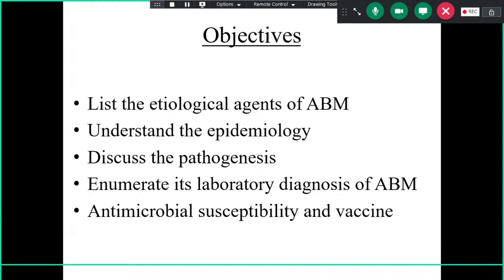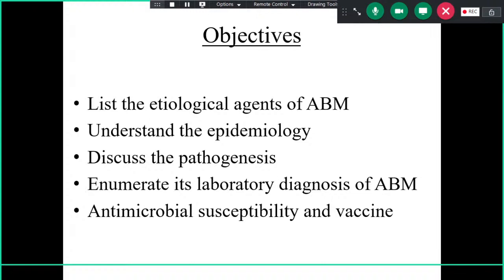Then we will discuss the pathogenesis. We will touch upon a little bit about the physiology of the blood-brain barrier, because you have to understand that this disease process compromises the blood-brain barrier or neurovascular unit, and then it can cause havoc inside the brain. Then of course the topic will also include laboratory diagnosis of acute bacterial meningitis.